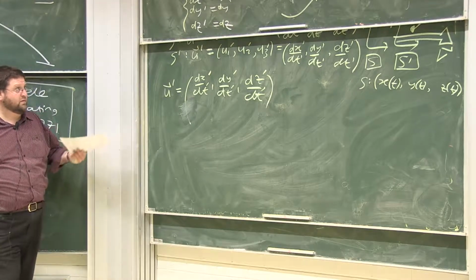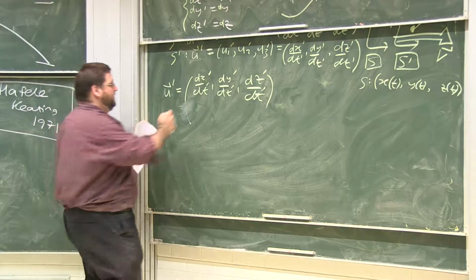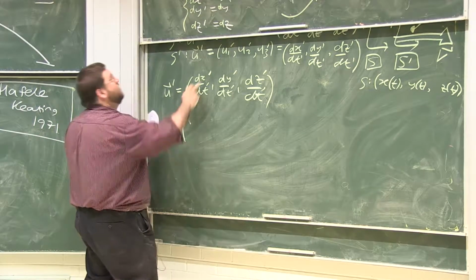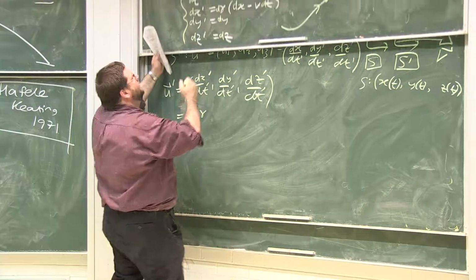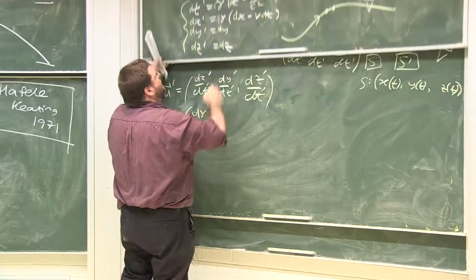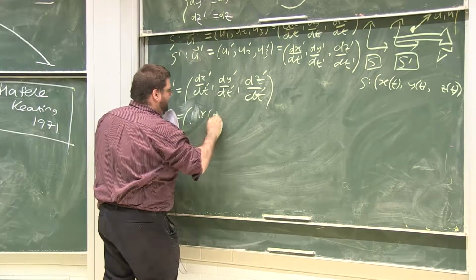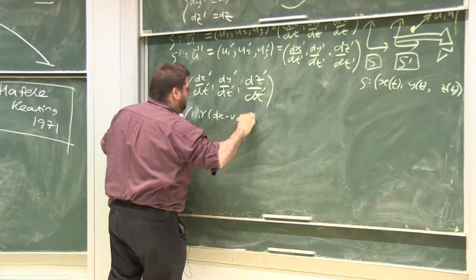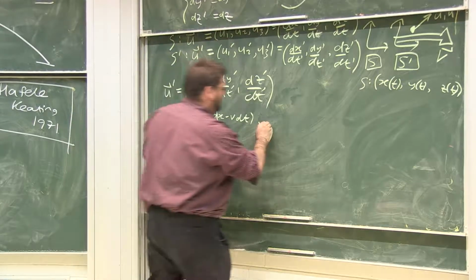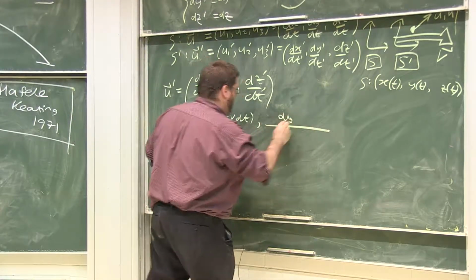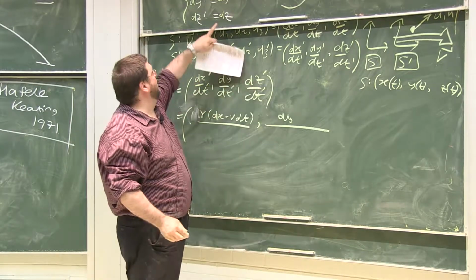I could have chosen the other one. I just would have needed the inverse versions of these. So instead of dx prime, I'm going to write gamma times (dx minus v dt). Instead of dy prime, I'm going to write dy. And instead of dz prime, I'm going to write dz.